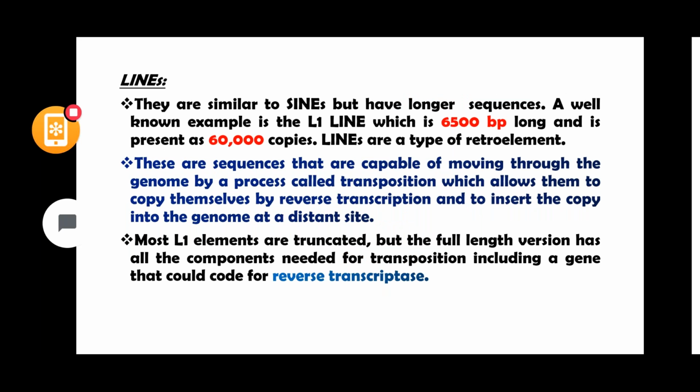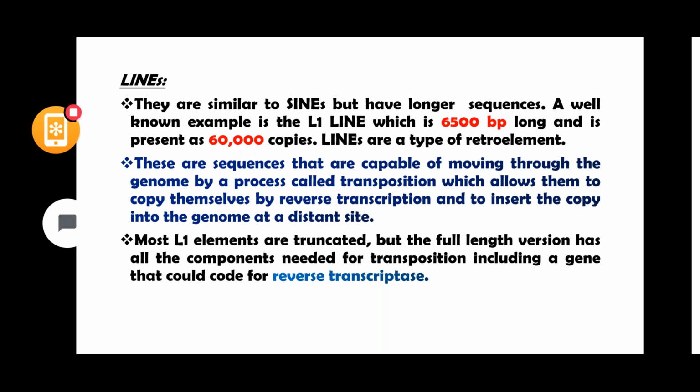So now this is another dispersive or transposable element present in the eukaryotic genome. It is similar to SINE, but it has longer sequences and it has its own transposase enzyme. So it has its own activity of getting replicated and inserted into the genome from one site to another. The second difference is that it is longer.